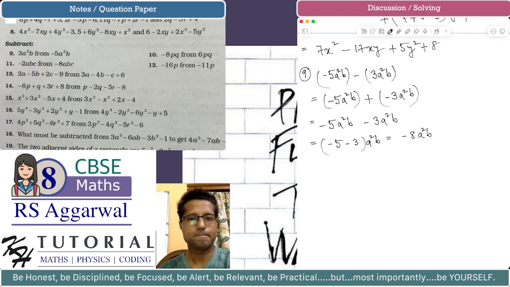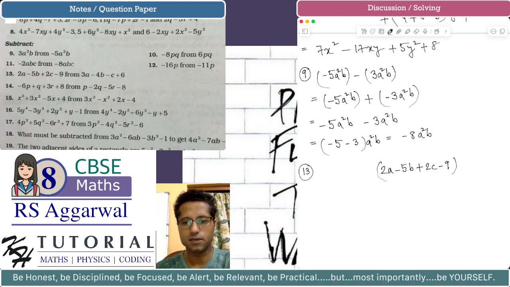Okay, let's do problem number 13. We have to subtract 2a minus 5b plus 2c minus 9. This is an algebraic expression. We have to subtract this algebraic expression from another algebraic expression, which is 3a minus 4b minus c plus 6.